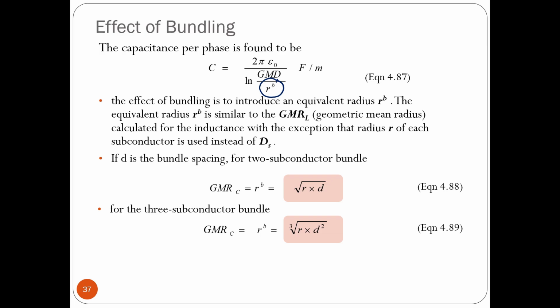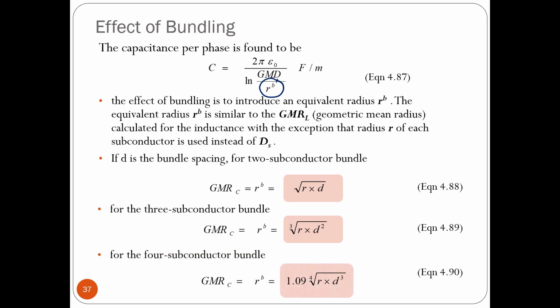So for capacitance, when we have bundling, for 2 subconductors it will be equation 4.88. For 3 subconductors, it is equation 4.89. And for a 4 subconductor bundle, it is equation 4.9. Again, you must remember this formula because you may have a bundled configuration in your exam. When you have a bundle, the GMR value will be different.